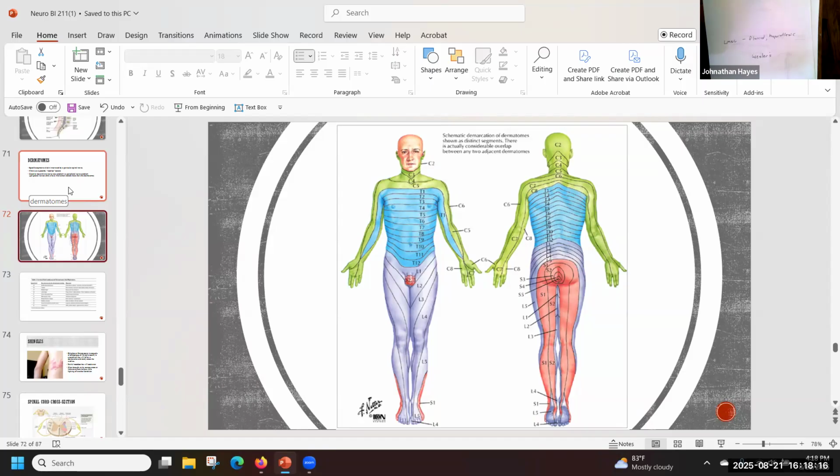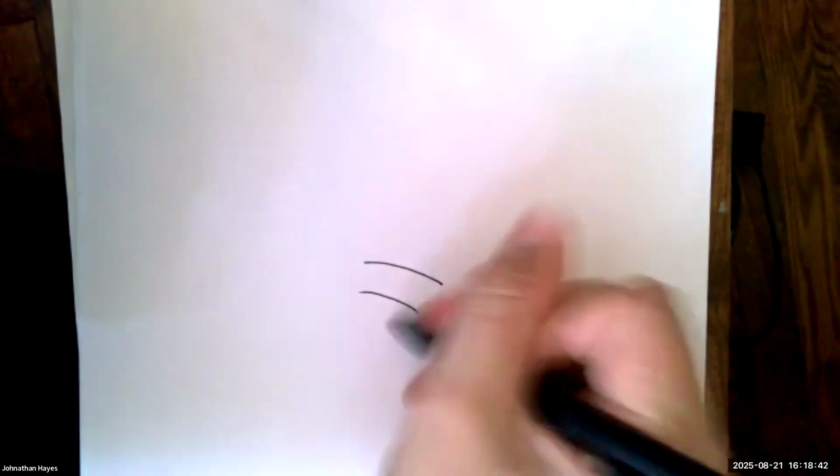So when you get out into peripheral nerve problems versus what's called nerve root problems, it gets pretty fuzzy. Because when you get into things like brachial plexus and lumbosacral plexus, what ends up happening is you get combinations. So for example, let's say we have a C5 spinal nerve, a C6 spinal nerve, a C7, C8, and T1.